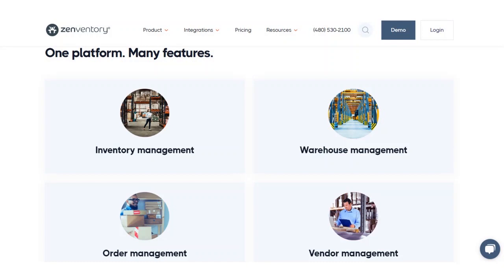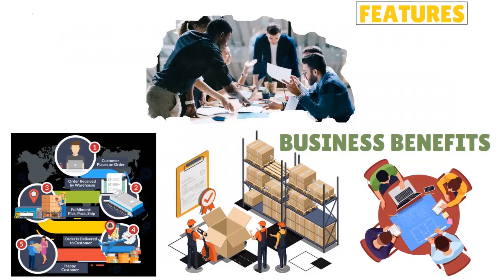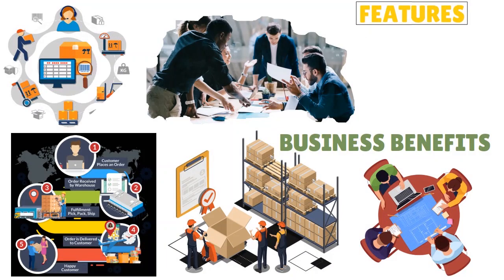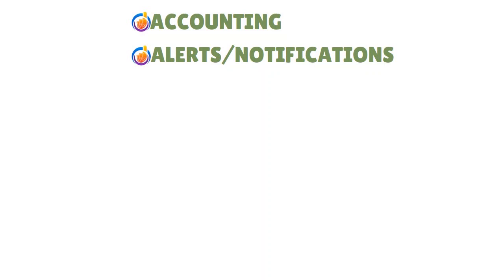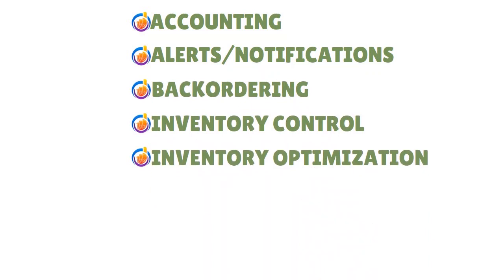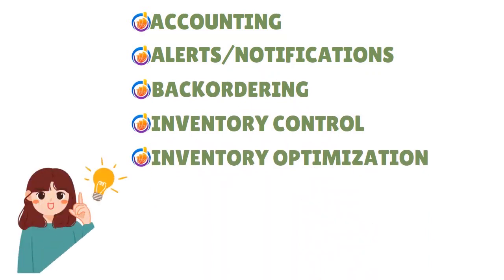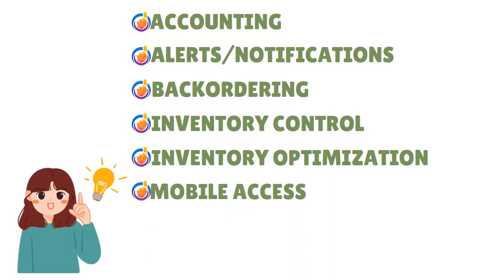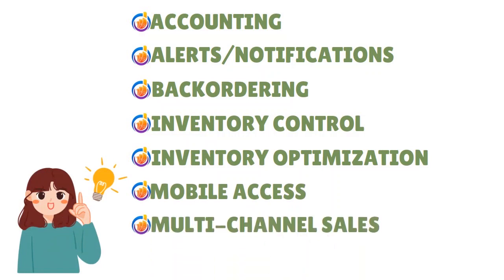So when we talk about those four elements, what are the features that you can really get, especially when it comes to warehouse management? That's what we are mostly interested in in this conversation. So you have accounting, you have alerts and notifications, you have back ordering, you have inventory control, you have inventory optimization. This is an important element to have in mind. You have mobile access, you have multi-channel sales. This is another important element to really think about.